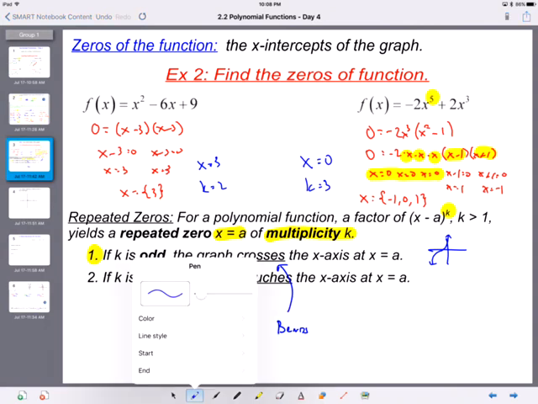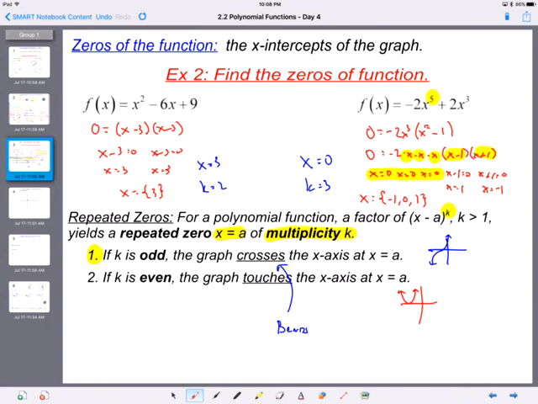With an even one though, and once again think of your quadratic, with an even one, the graph touches the x-axis. It actually doesn't go through the x-axis, so it just goes down, touches it, and goes back up, or goes back down. And so when you're solving these polynomial functions and you see something occur more than once, now you have an idea of what's going to happen on the graph.